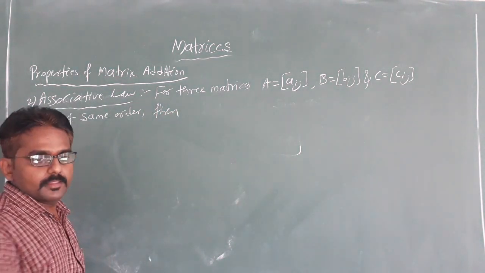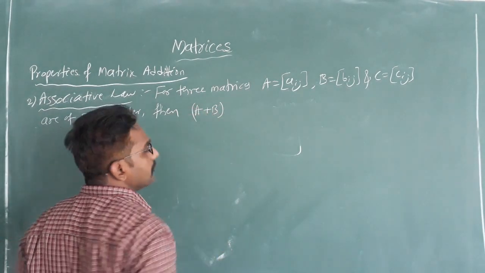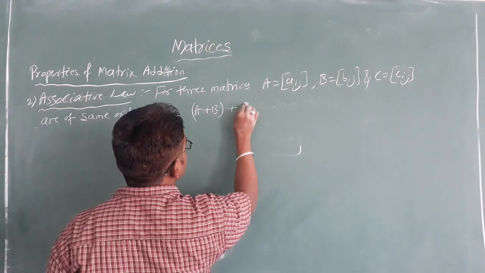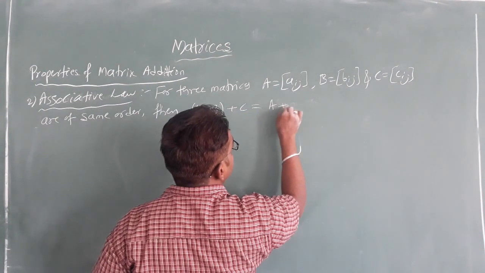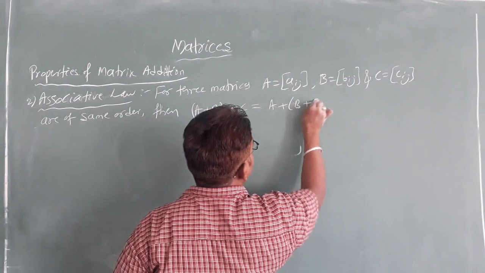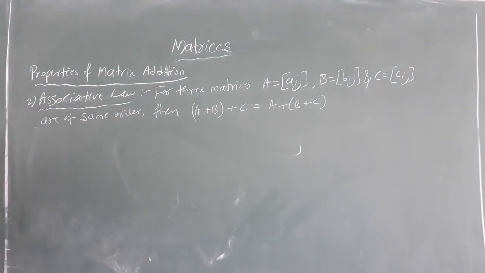Then A plus B, bracket, plus C, equals A plus, bracket of B plus C. It also holds. This is the associative law for three matrices of the same order.